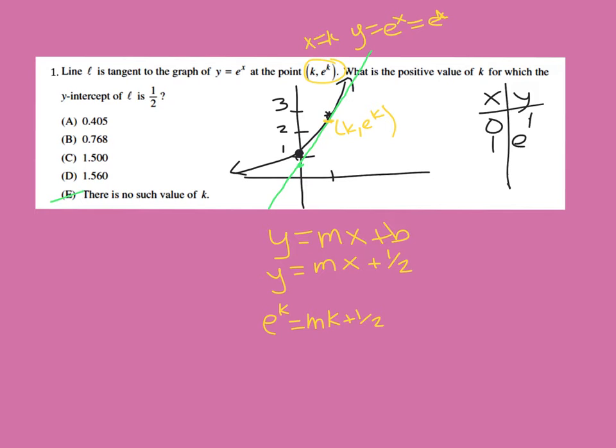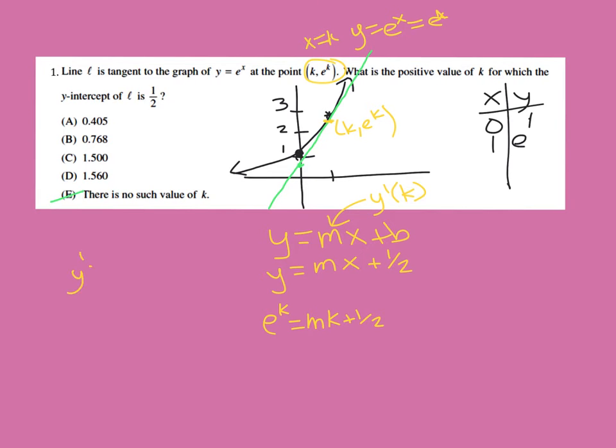So the last thing that we know about this equation is that we can figure out the slope by using calculus. The slope of a tangent line is going to be the derivative, evaluated at x equals k. So we're going to figure out the derivative of y equals e to the x and then evaluate it at k.